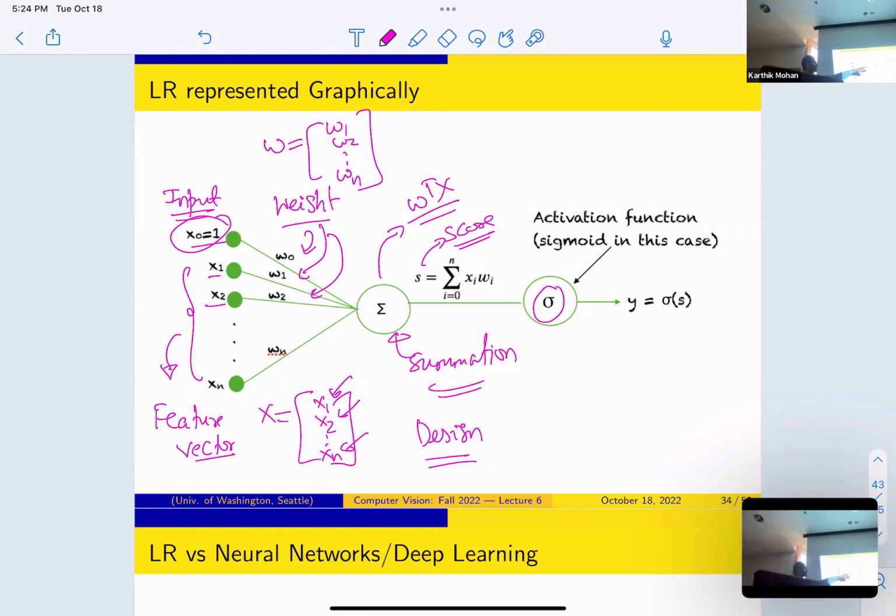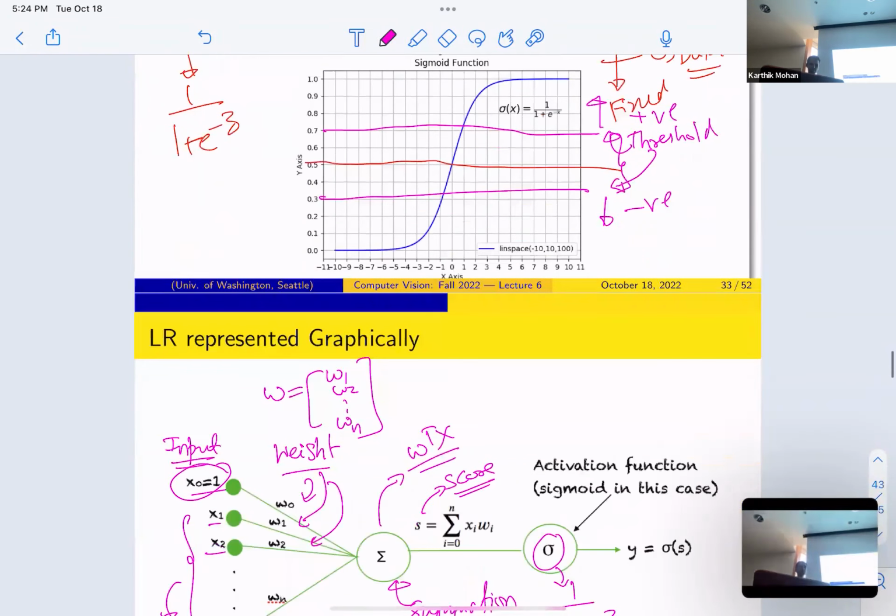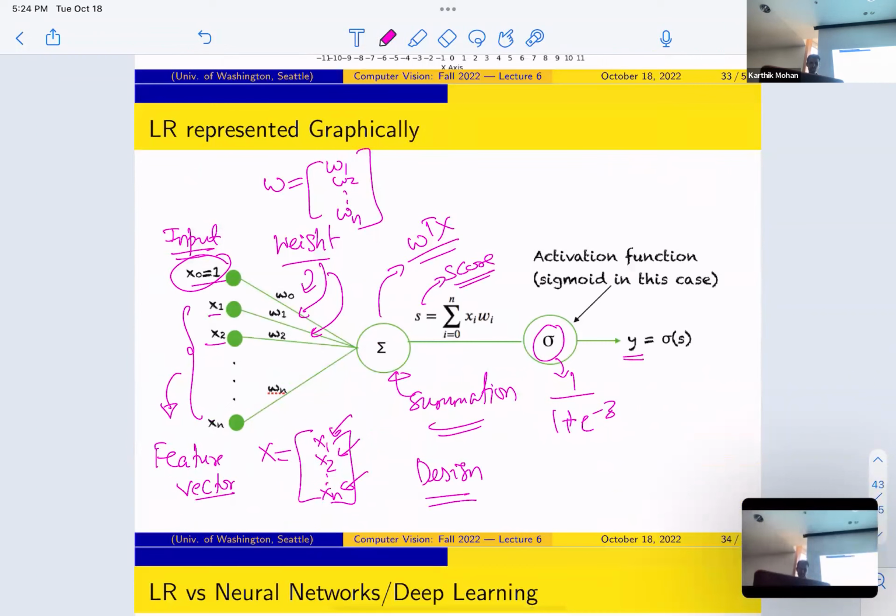Okay, so our activation function is sigmoid, so that's 1 over 1 plus e to the negative c. So we just looked at that here. That's our activation function. And then you get your y. So here y is between 0 and 1. So y is a probability.